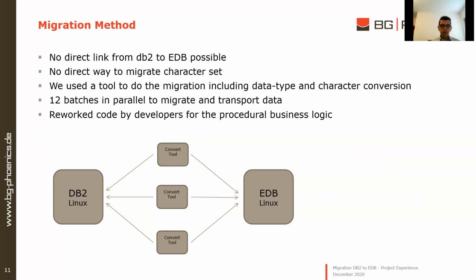We started with databases with a size of 4 terabytes. I said in the beginning 2.5 terabytes, but it was compressed. We saw that with UTF-8 and a completely different compression on the EDB side on Linux, we ended up with about 4 terabytes. So we started the migration phase with about 2.5 days, around 72 hours, for the migration.